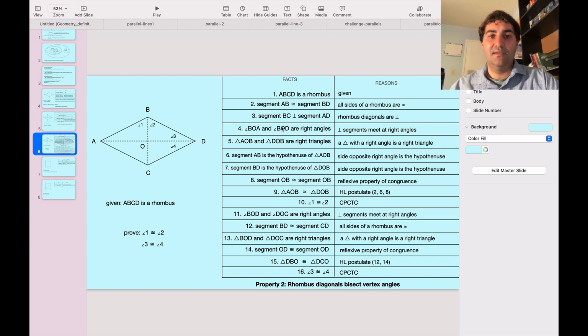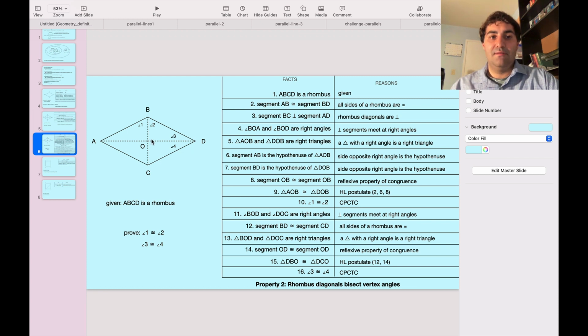So going back to segment BC is perpendicular to segment AD, we know that angle BOD and angle DOC are right angles, right? Because perpendicular segments meet at right angles. And we know that segment BD is going to be congruent to segment CD because all sides of a rhombus are congruent.